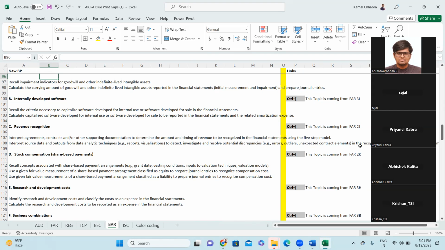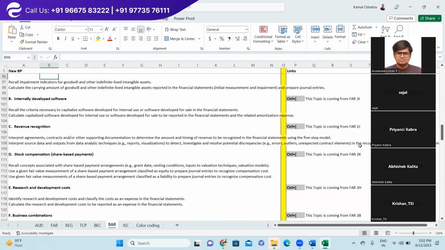Step 1 is identification of the contract, whether a transaction which you and your customer have made was a valid contract or not. Identification of the contract is the very first step. Second step is identification of performance obligations: what all is your performance obligation in the contract you have identified.